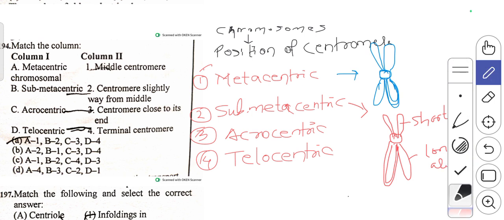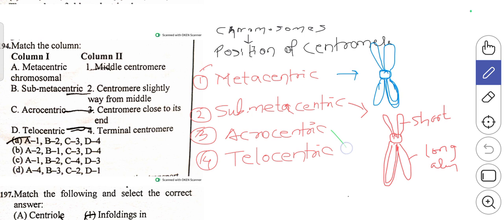Then the third type of chromosome, that is acrocentric, where the centromere is towards the end, where you will come across two different arms, where one will be very small, another one will be very long.